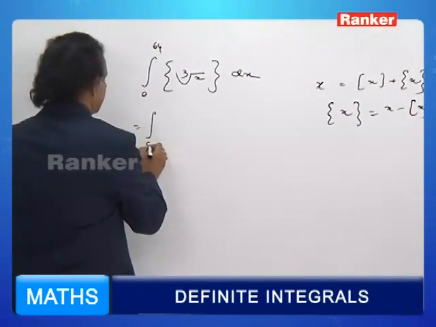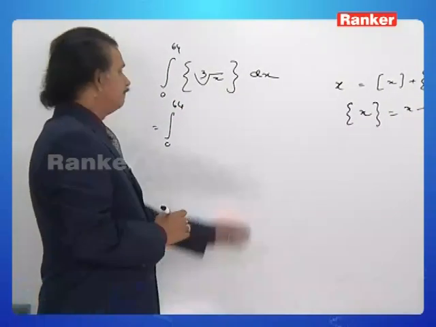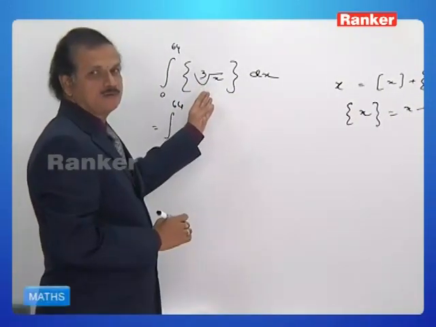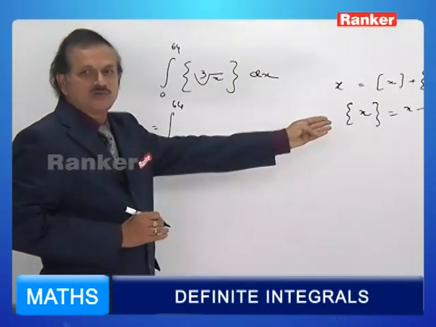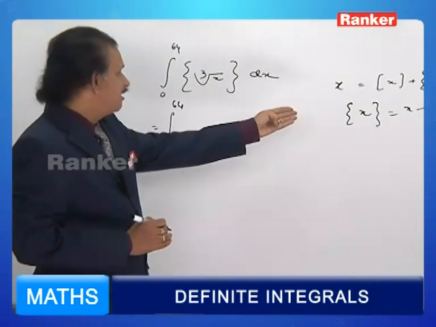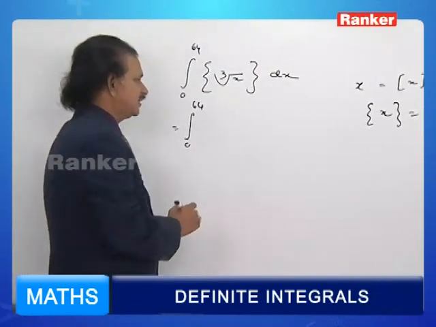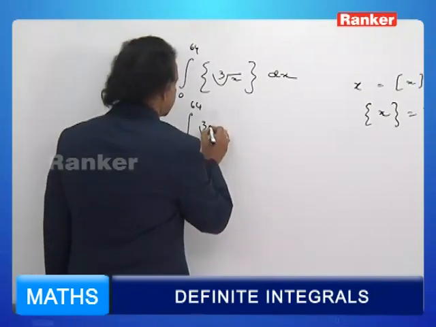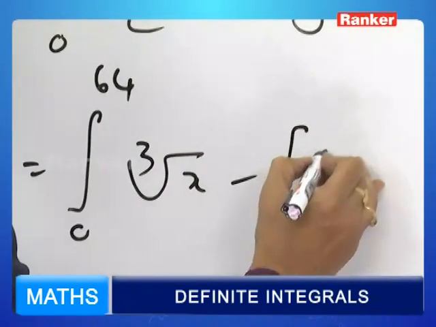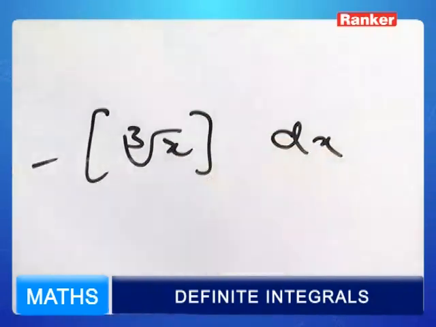This is equal to integral 0 to 64. Fractional part of cube root of x. How can we write? By making use of that concept as the definition, fractional part of cube root of x is cube root of x minus integral part of cube root of x dx.